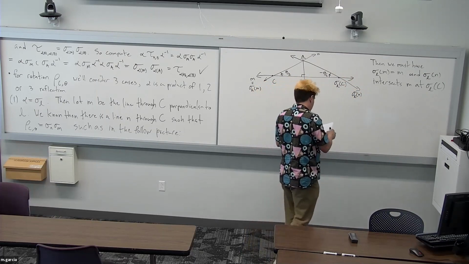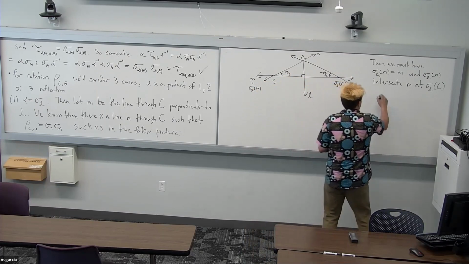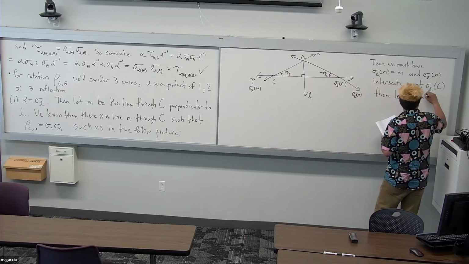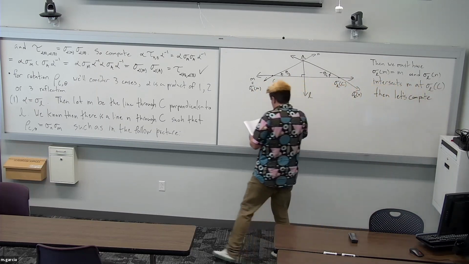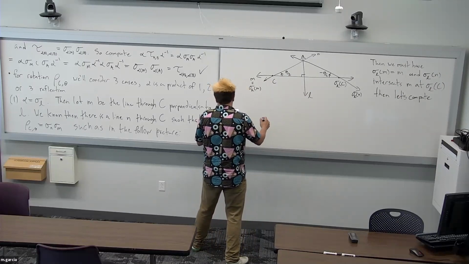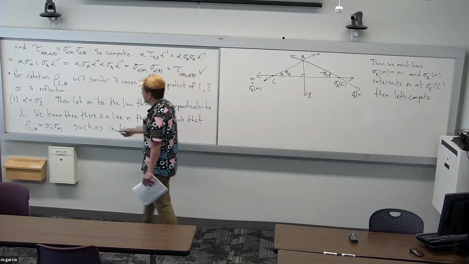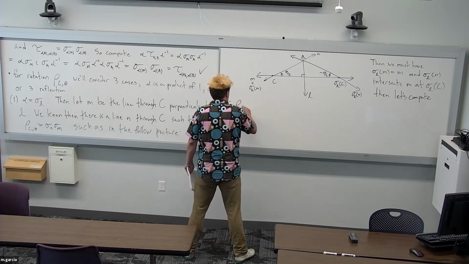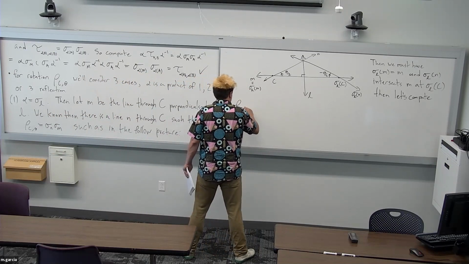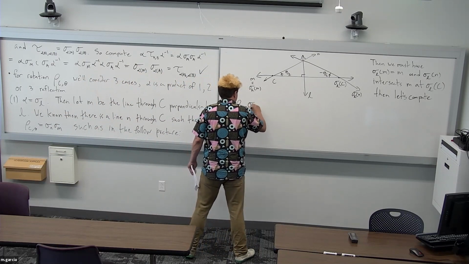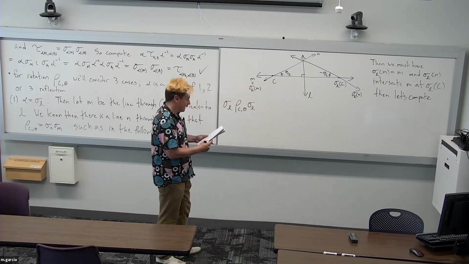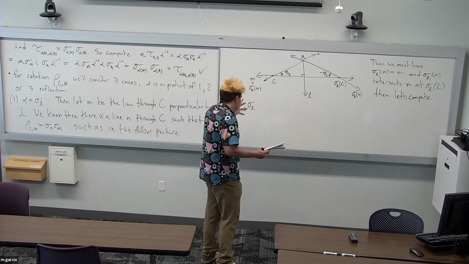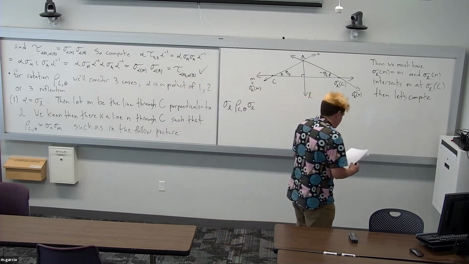So, then let's compute. I'll come over here to compute. So we're conjugating rho, by alpha, which remember I just said was sigma L. So we get sigma L, rho sub C comma theta, sigma L. Now, of course, I should say sigma L inverse here, but sigma L is an involution, so I'm just going to leave it that way.